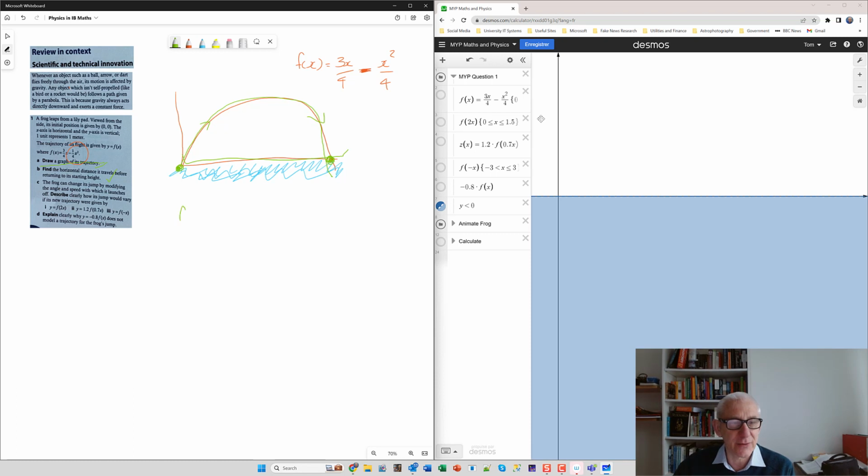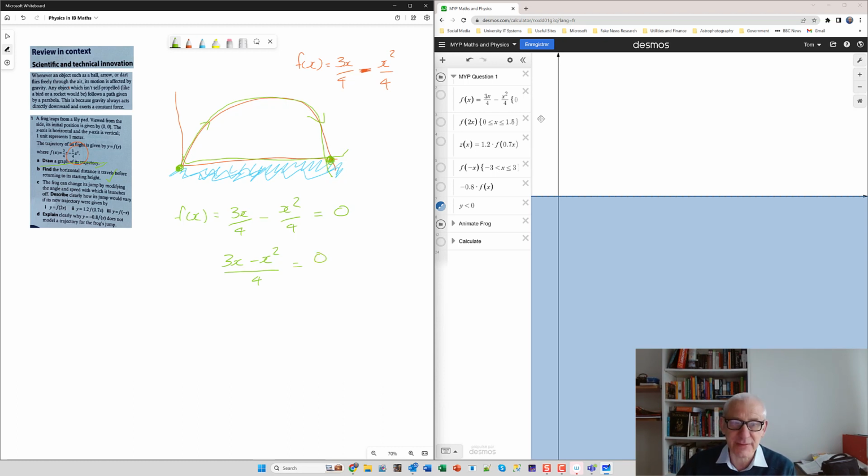But let's just take a look at that. f(x) = 3x/4 - x²/4, and we're going to set that equal to 0 to find the zero points. There's a common denominator there, so we can deal with that very quickly. We now have (3x - x²)/4 = 0.